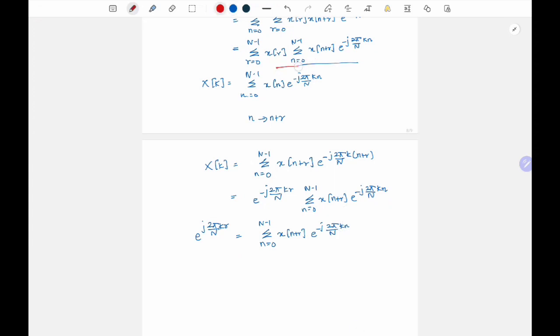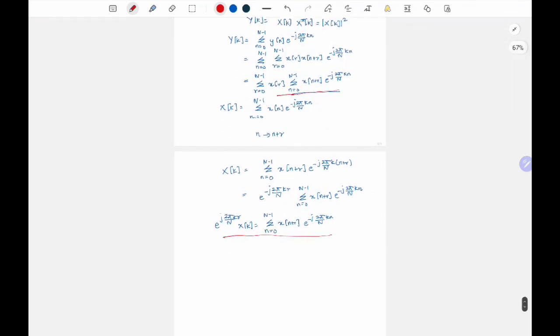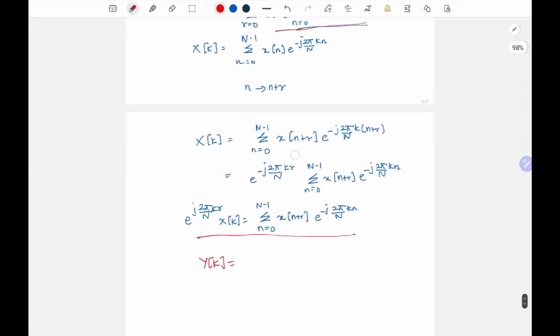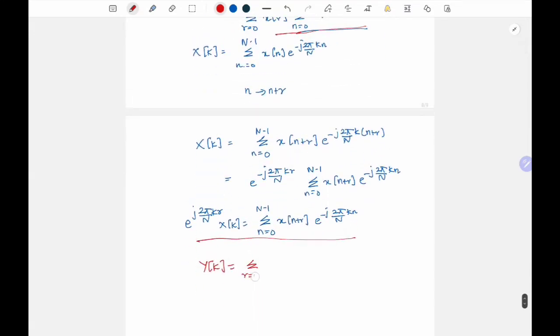So now I take this equation and take this equation. Again here I forgot x of k. And then what I have on the left hand side, I have y of k equal to summation r equal to 0 to n minus 1 x of r e power j 2 pi by n kr into x of k.